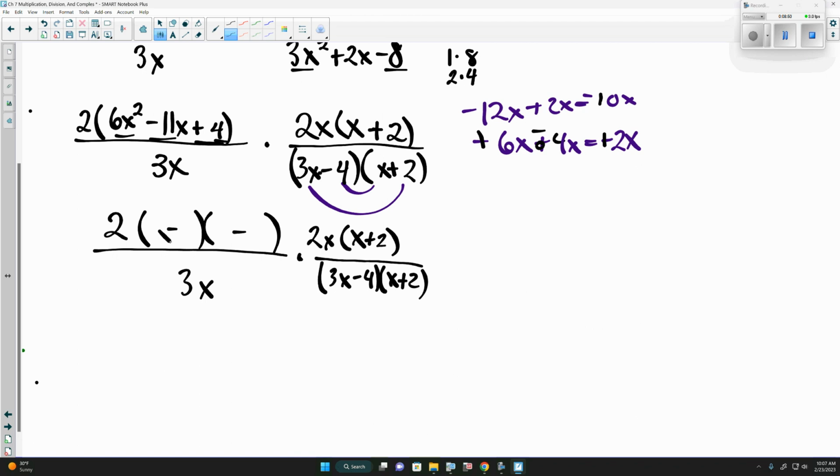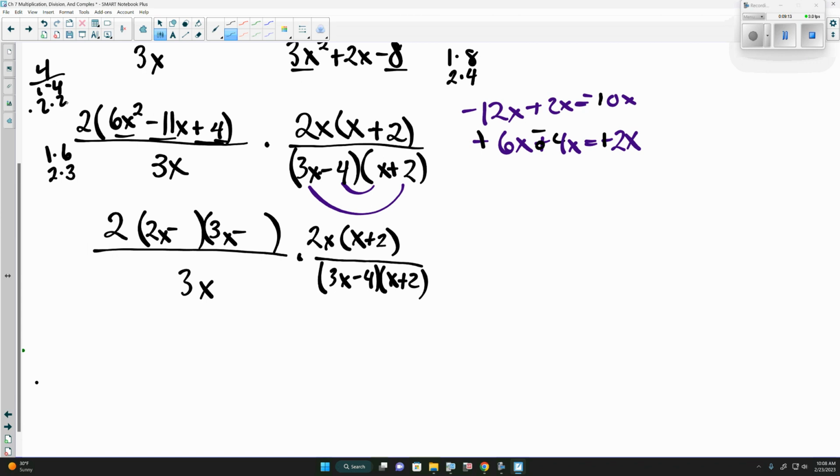Well, for 6x squared, we will have x and x. Then we'd have 1 and 6 or 2 and 3. Yes, we can do 2 and 3. Now we also need to look at the factors of 4, which is 1 and 4, or 2 and 2. Which one do we want to do? 1 and 4.